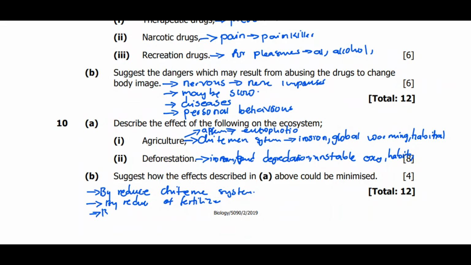So by encouraging crop rotation. Then for deforestation, you teach people the importance of afforestation, or planting. You plant more plants. Then this will give us the required oxygen.